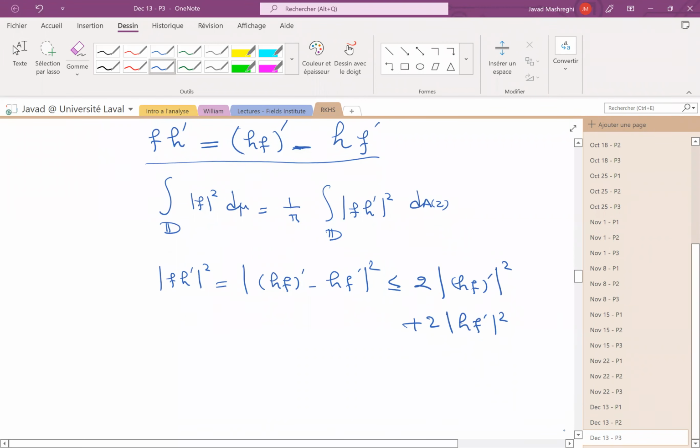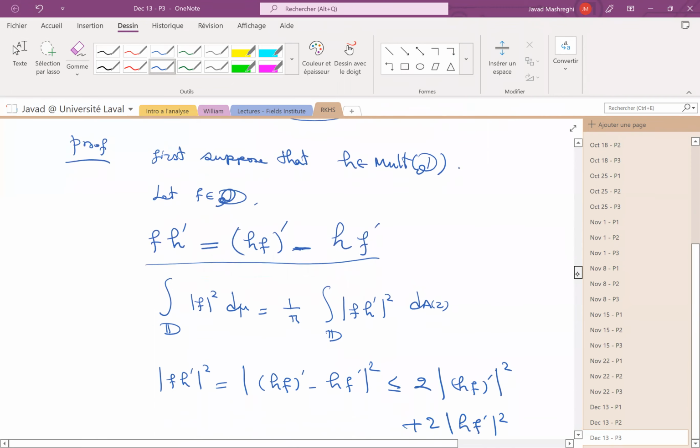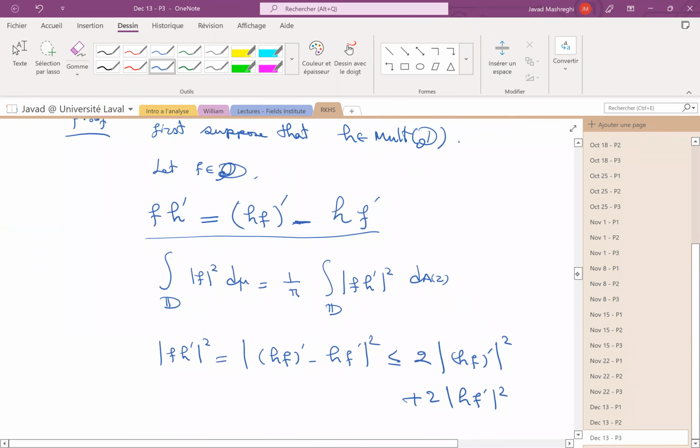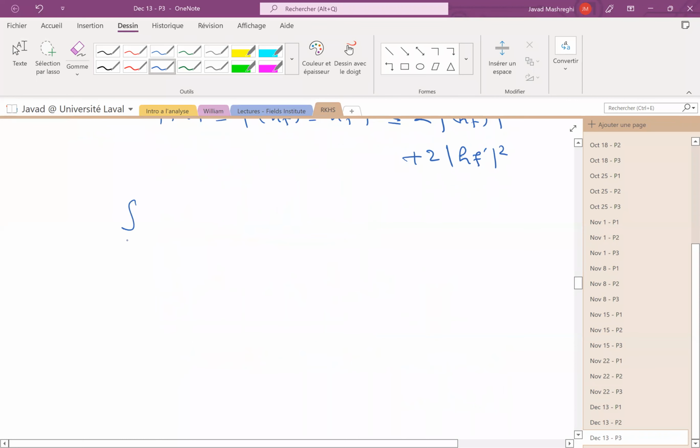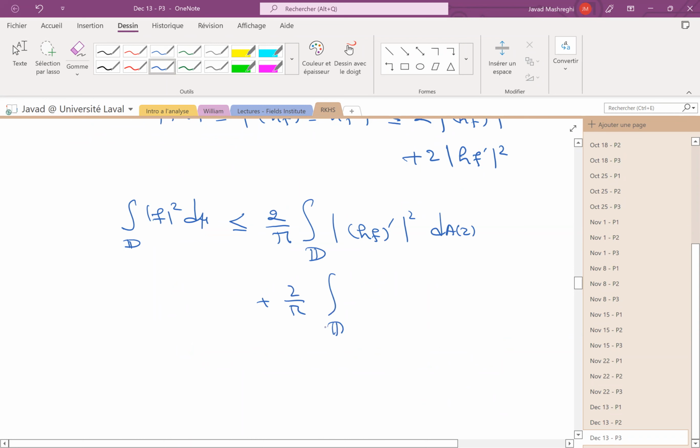So from here, I obtain the integral over D of |f| squared dμ is less than or equal to 2 over pi integral over D of |(hf)'| squared dA plus 2 over pi integral over D of |h f'| squared dA. How's that?